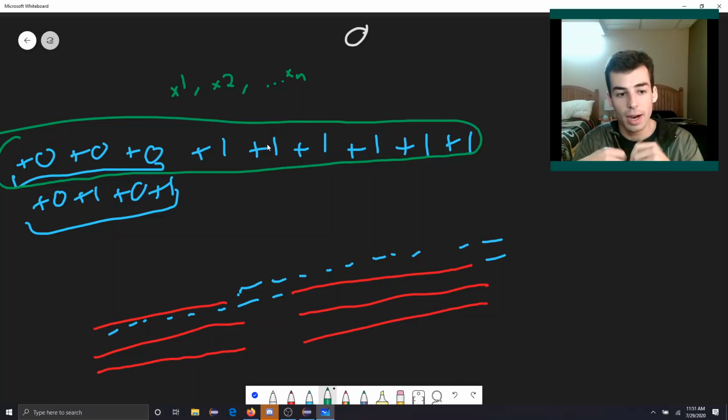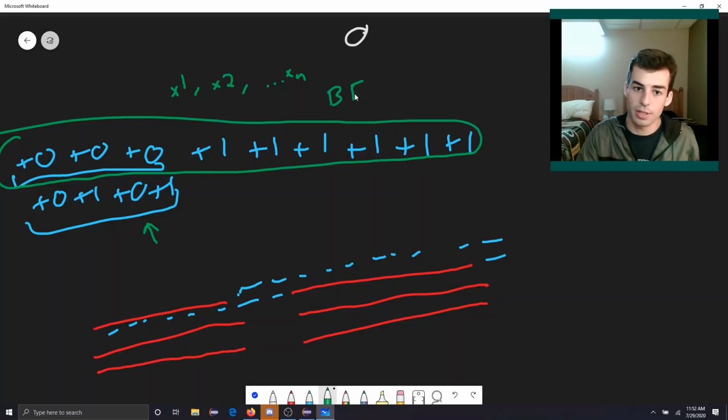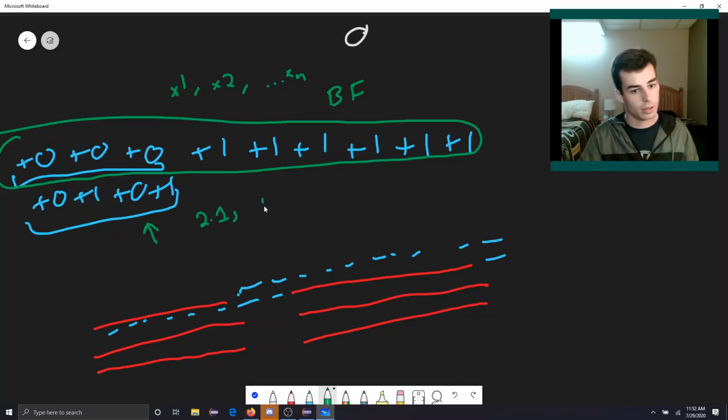And on top of that, after we have done this a bunch of times, it's just this 0 and 1 part that's left over. So yeah, that's the idea. We brute force the number of times we have these groups of zeros and ones, and then after that we have all 0, 1, 0, 1, 0, 1 alternating. And this is just 2 times the number of ones left, which is pretty easy to calculate.